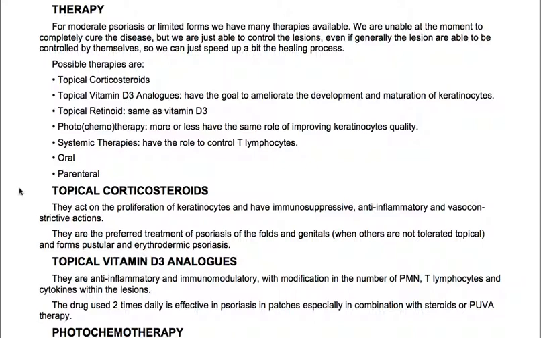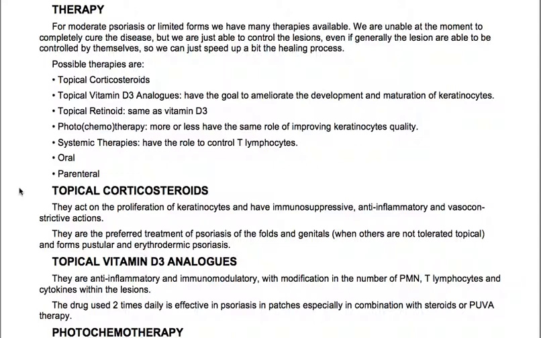Possible therapies are topical corticosteroids and topical vitamin D3 analogs. They have the goal to ameliorate the maturation of keratinocytes. Topical retinoids are the same as vitamin D3. Photochemotherapy more or less has the same role of improving keratinocyte quality. Systemic therapies have the role to control T lymphocytes, oral or parenteral.